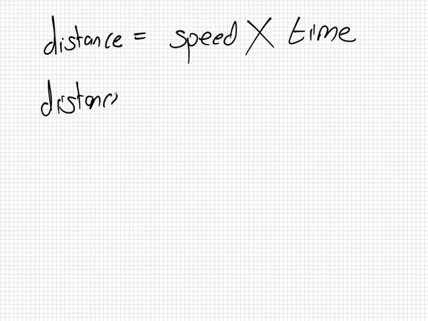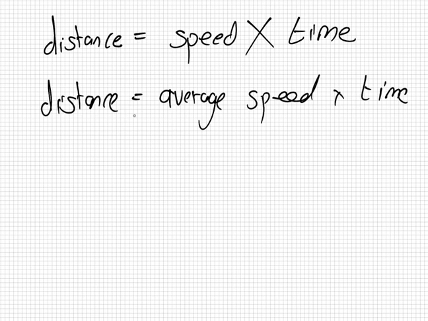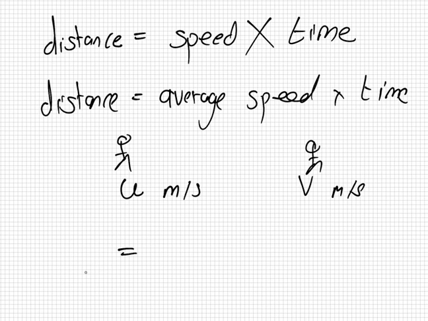So we have the distance travelled is the average speed multiplied by time. Now remember, our man or whoever starts at U and then he finishes at V. What is the average of 2 numbers? Plus and divide 2.